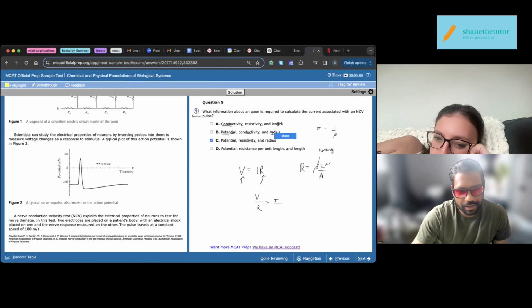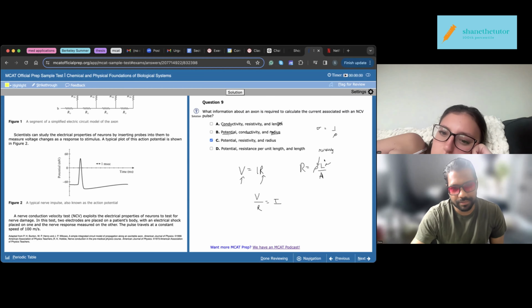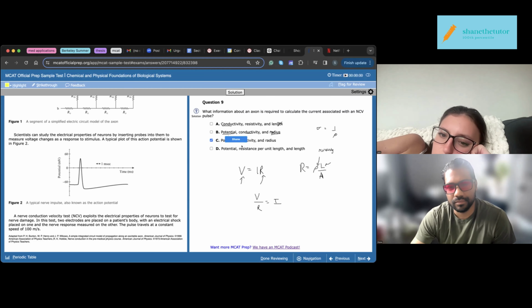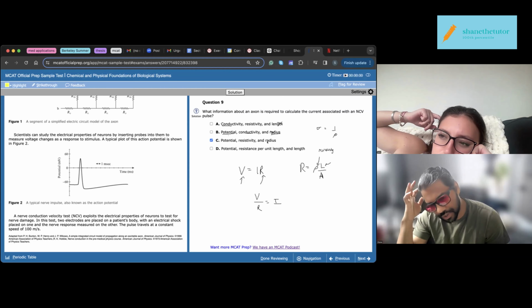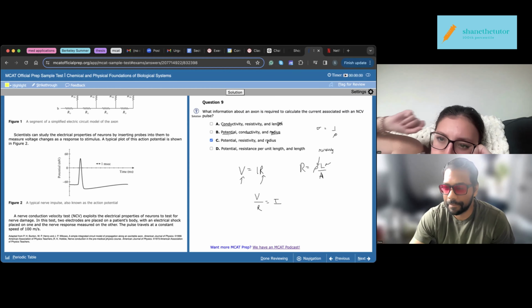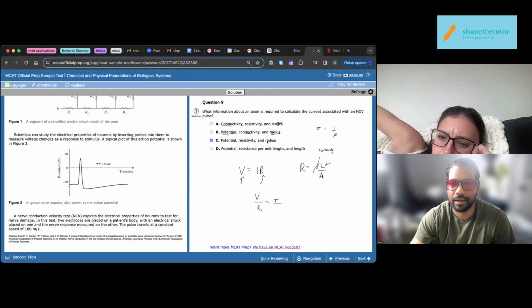So this won't work. C, isn't this length? But then we don't have resistivity like in D. Radius gives you an idea about the area, and that's part of this equation.